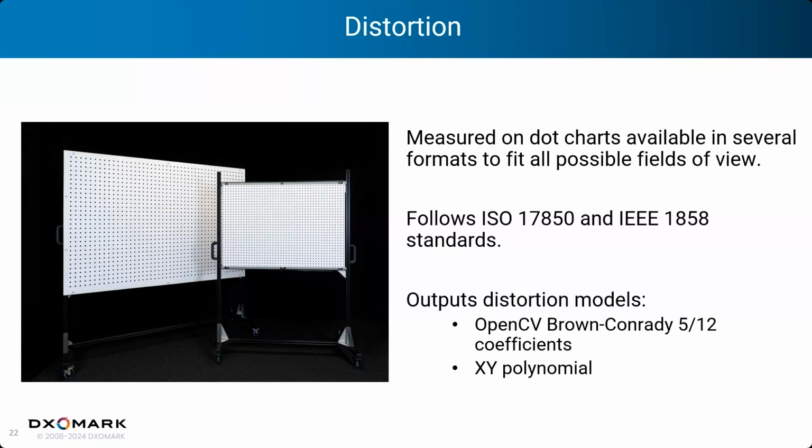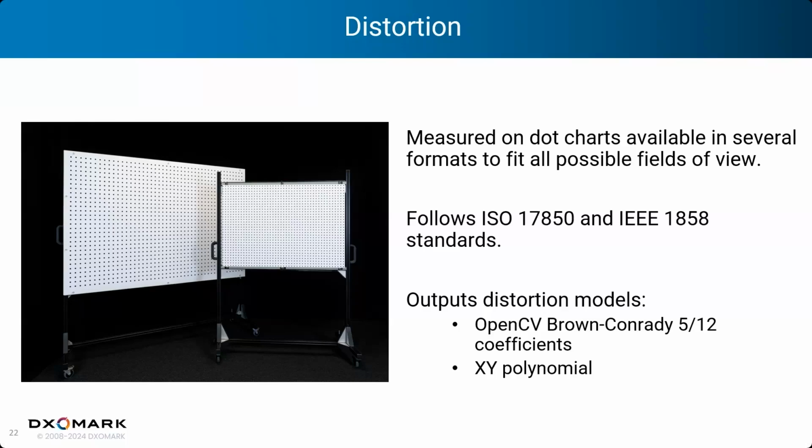These models are the Brown-Conrady ones, using either 5 or 12 coefficients. The formatting is similar to the one used in OpenCV, so they can be reused very easily. We also have X and Y polynomial models for much more complicated distortion.